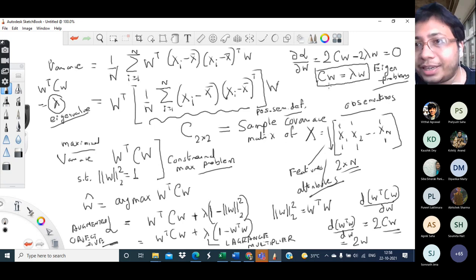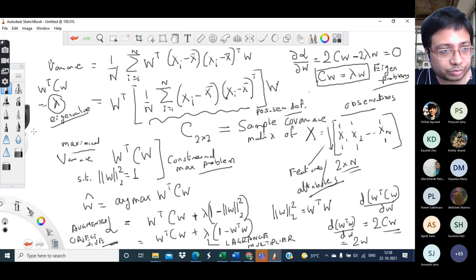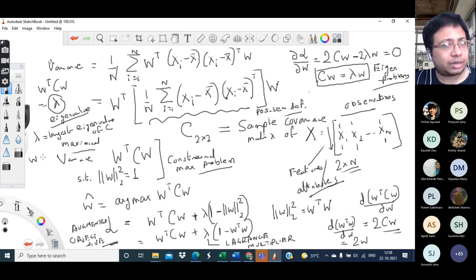So lambda is the largest eigenvalue of C. And what is W? W is the eigenvector corresponding to the largest eigenvalue.